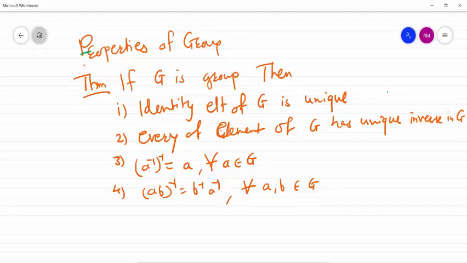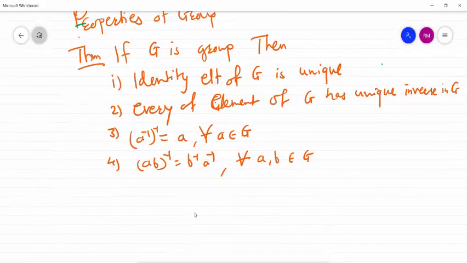So let us start our proof, because a proof may be asked.